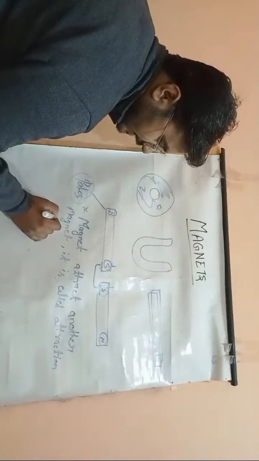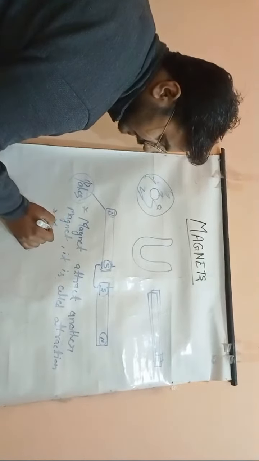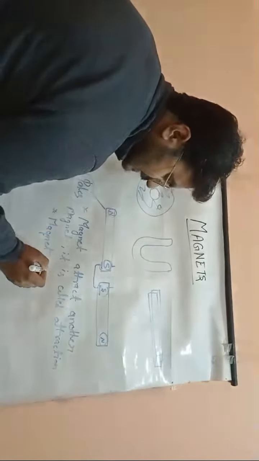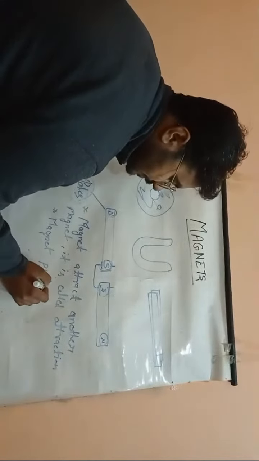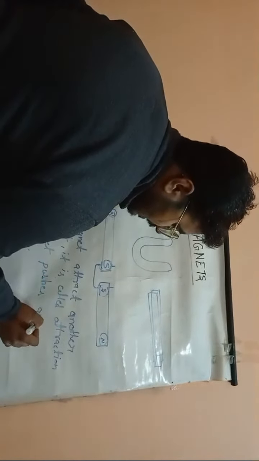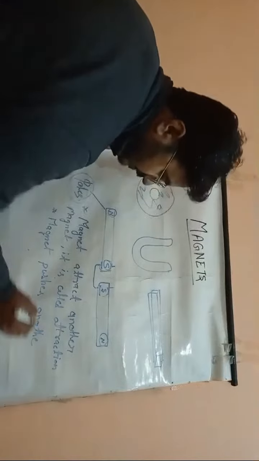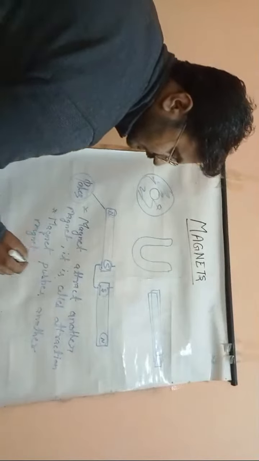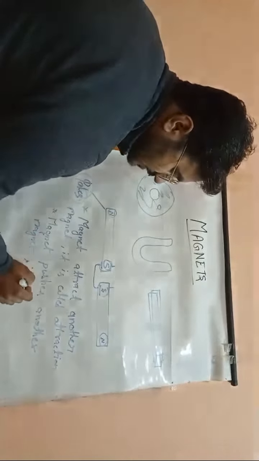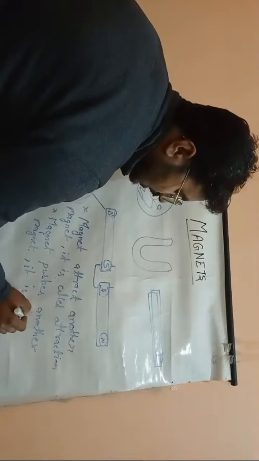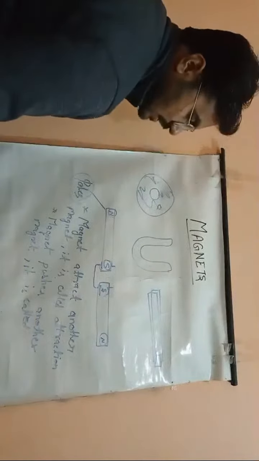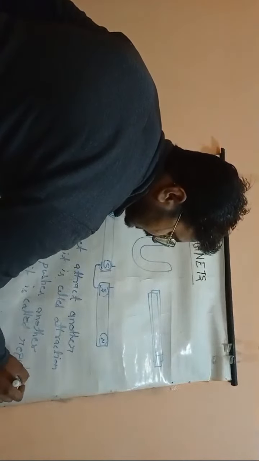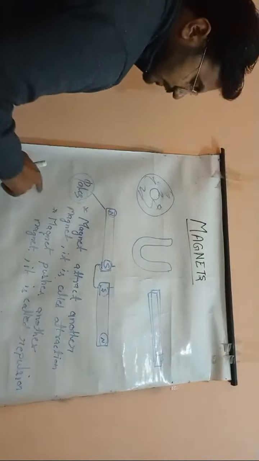Second point, if a magnet pushes another magnet, it is called, what is it called? I just told you. Very good. Repulsion. So we have got two points.